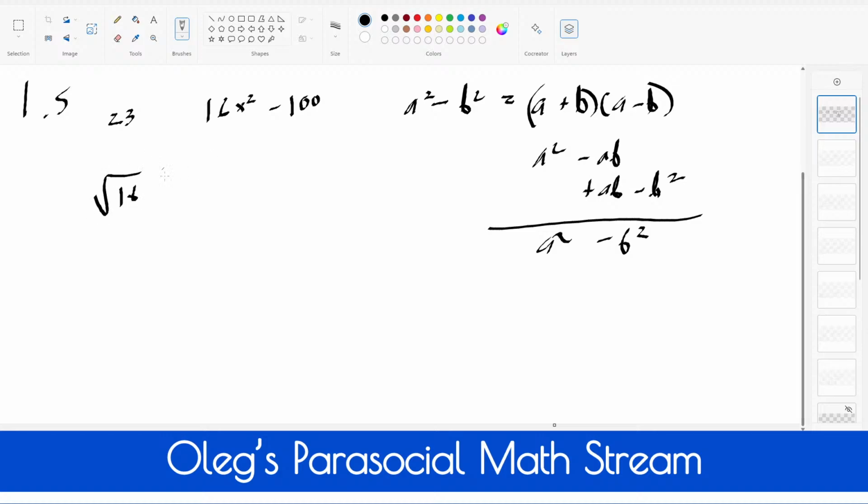So if we square root 16x squared, be extremely careful when you do this. Technically, it should be plus or minus for the outcome, but because we're square rooting a positive number, we can't have a negative number come out. So we're going to say 4 times 4 and x times x, so it's going to be 4x, and square rooting 100 is equal to 10.